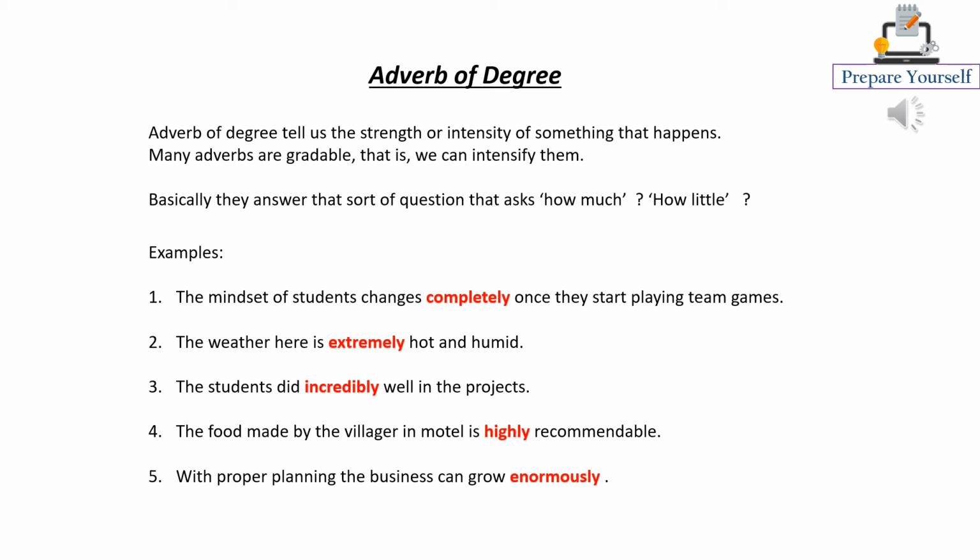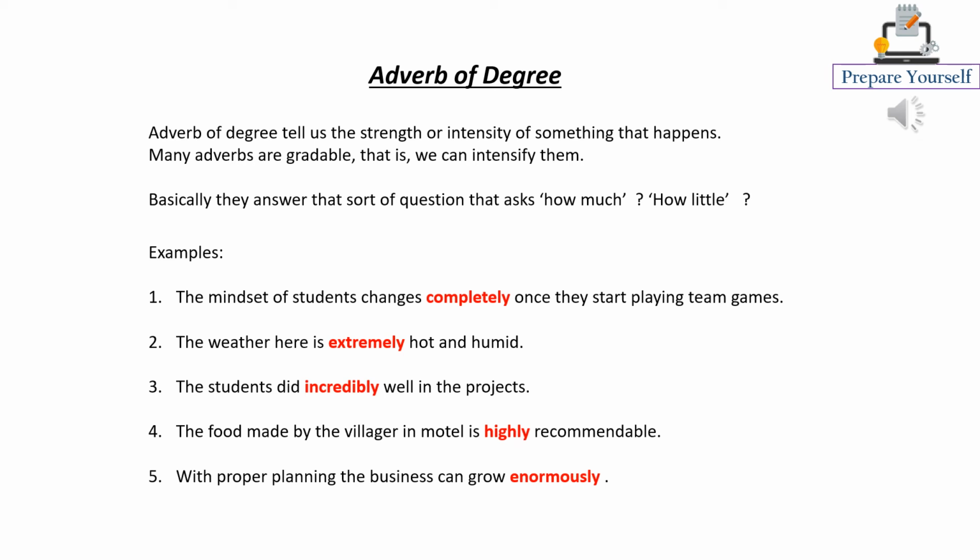Adverb of degree. An adverb of degree tells us the strength or intensity of something that happens. Many adverbs are gradable, that is, we can intensify them. Basically, they answer the question how much or how little.